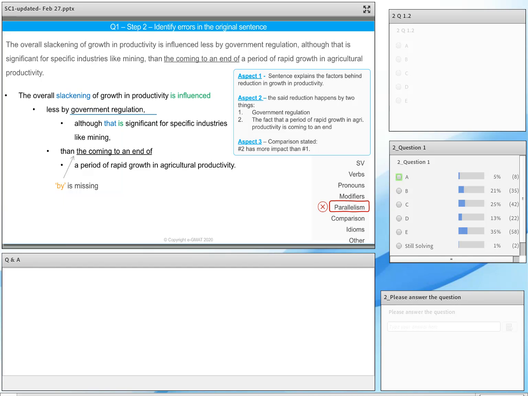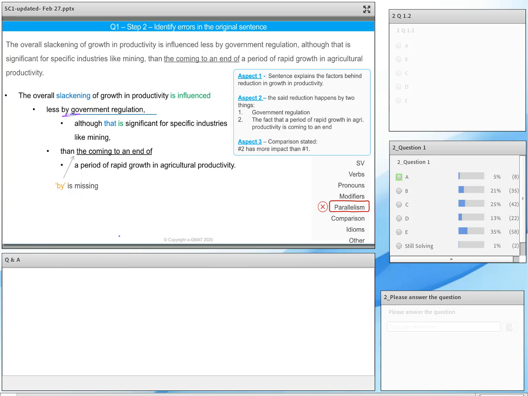Because we're missing that "by" from the second part of the sentence, because we have "less by government regulation" up here. And we know in order to keep this comparison parallel, we also need "by" down here following "than." So we do have that parallelism error.